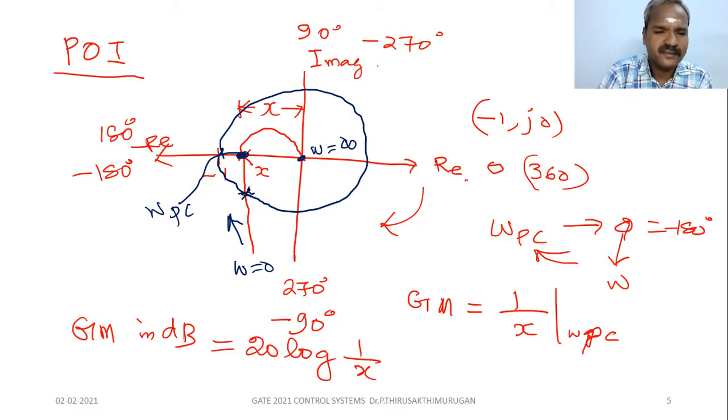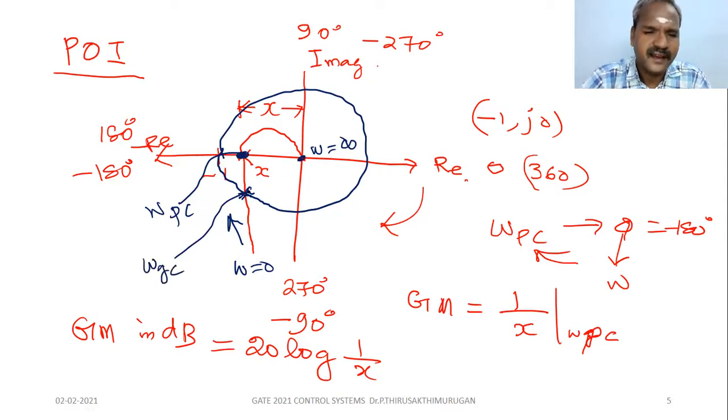Similarly, you see this point. When we increase omega from 0 to infinity, there are two frequencies that occur; sometimes it happens naturally. So this point is called omega GC, right? Why? Because the magnitude at this point is 1, the unity value.